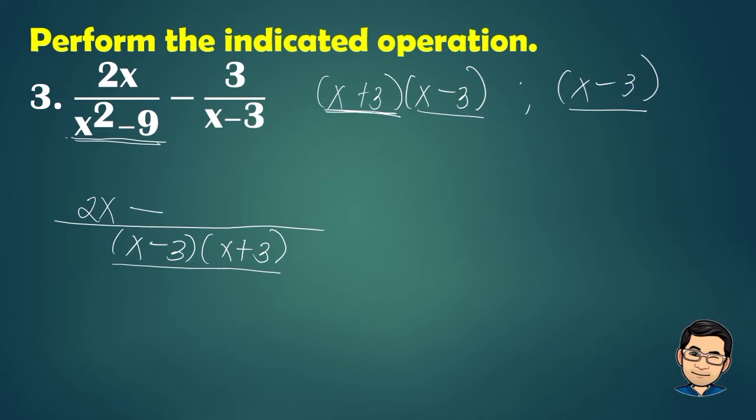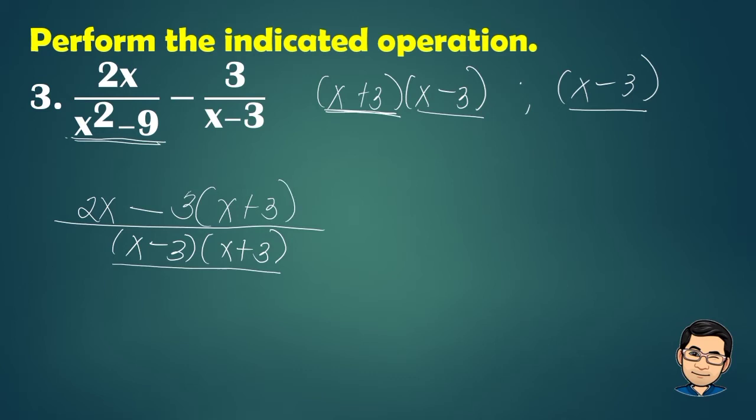So, x minus 3 times x plus 3, i-divide natin siya sa x minus 3, makakancel yung x minus 3. So, matitira na lang is x plus 3. So, tapos, i-multiply natin siya dun sa numerator na 3. So, magiging 3 times x plus 3.